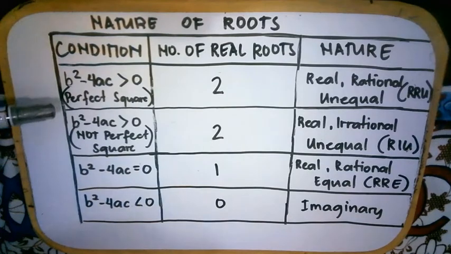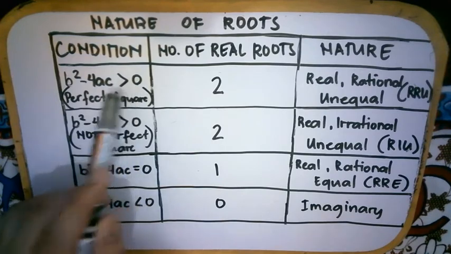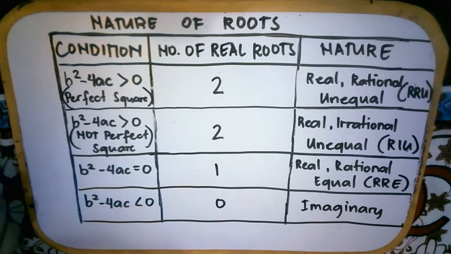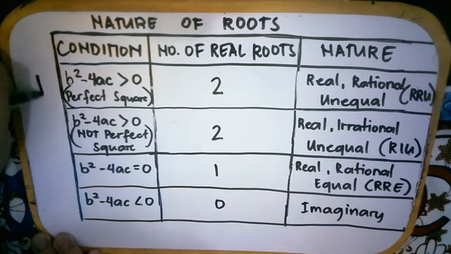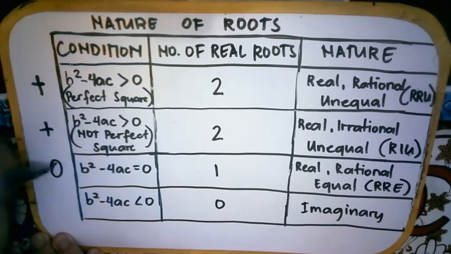Ngayon bibigyan ko kayo ng mas madaling paraan kasi yung b squared minus 4ac greater than 0, nung ginamit ko to before, may mga ibang estudyante na nalilito pa rin. Para mas madali nyong makuha, bibigyan ko kayo ng tip. So positive ito, positive, ito ay 0 and then negative.